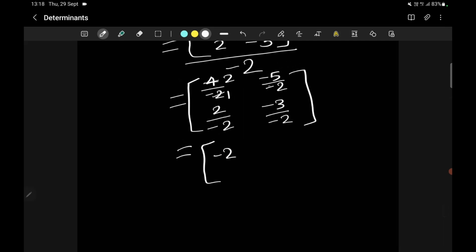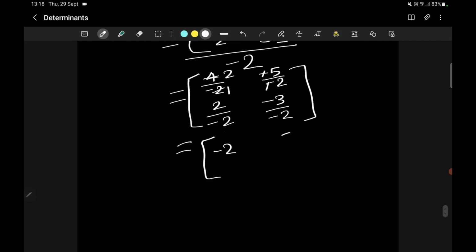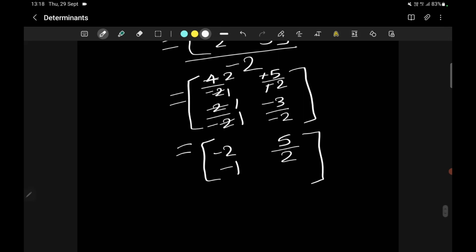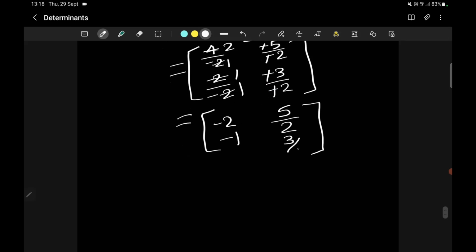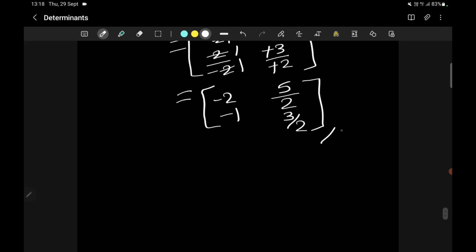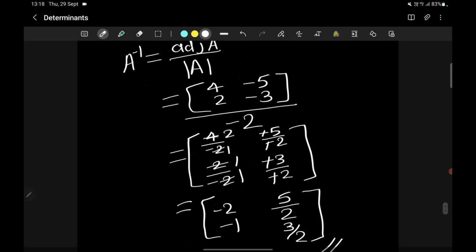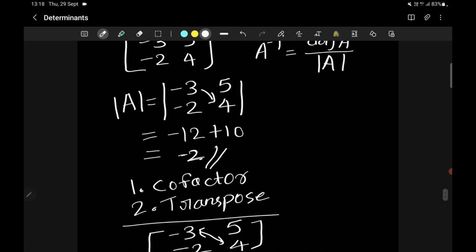We cannot divide this, so we will just remove the signs. This will become 5 divided by 2. This will become -1. Same, this will become 3 by 2. This is how you can find inverse of any matrix.